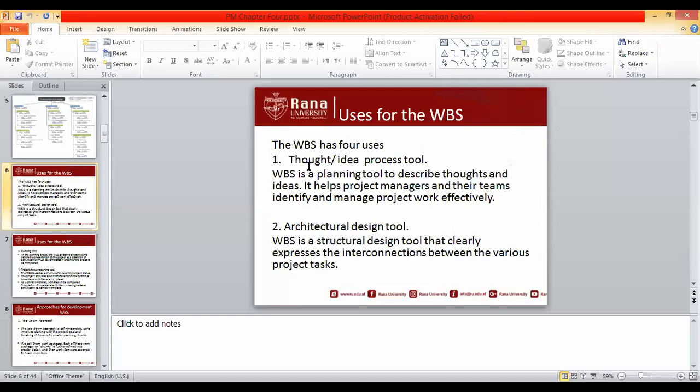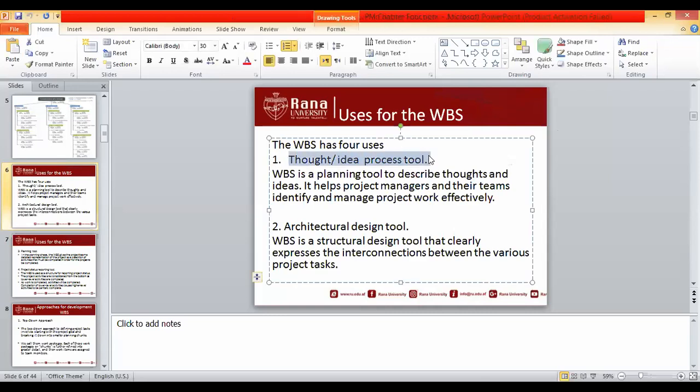So the first use is thought idea process tool. For example, Sharif has an idea. He wants to implement a project, but all these things are in his imagination, in his mind.